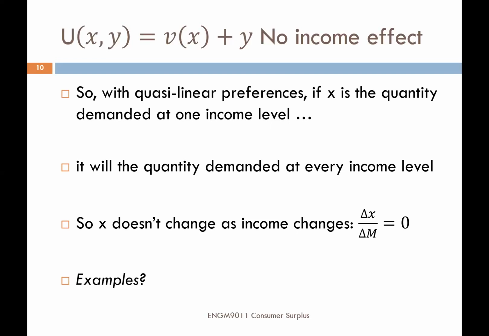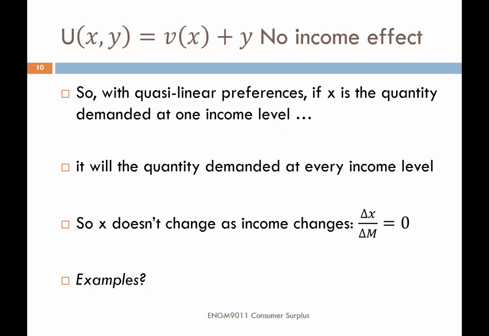Now, it's hard to think of exact examples where you never change your quantity demanded as your income goes up. But as approximations, what's an example where your quantity demanded doesn't change very much as your income goes up? What goods would you say, if you got richer, you wouldn't change your quantity demanded very much?